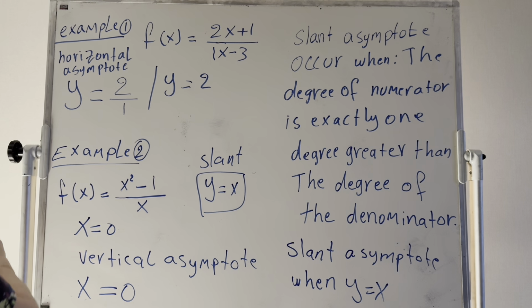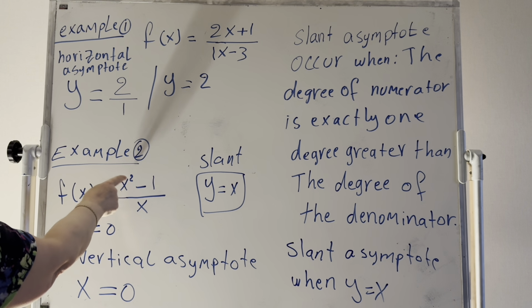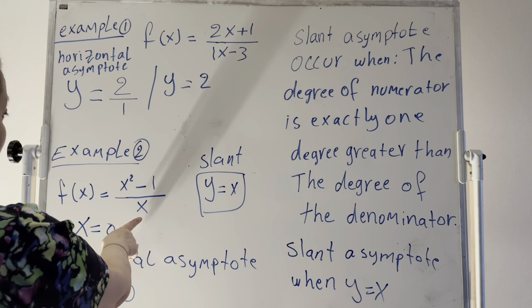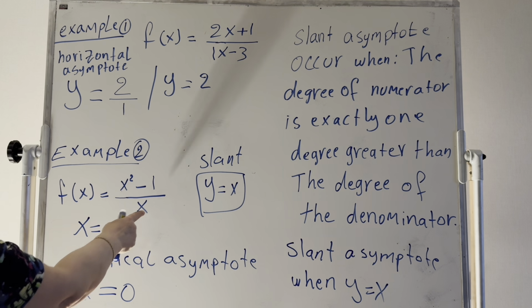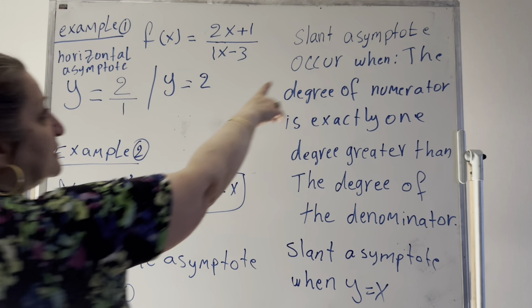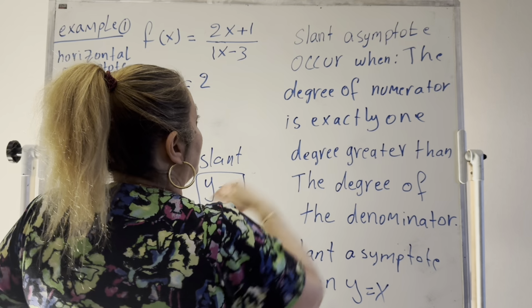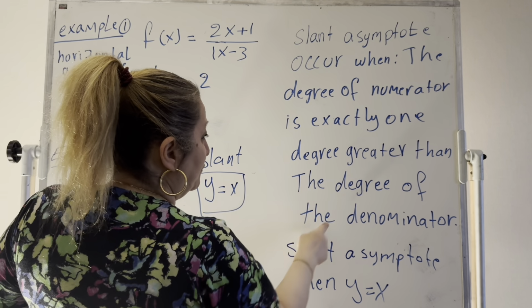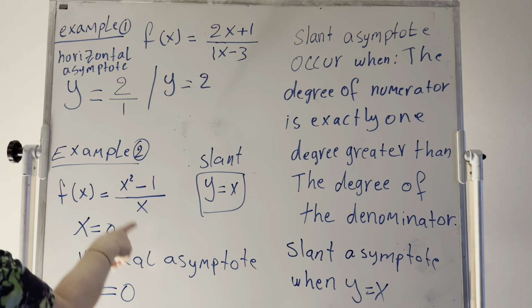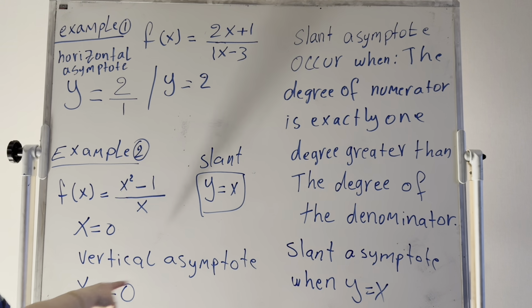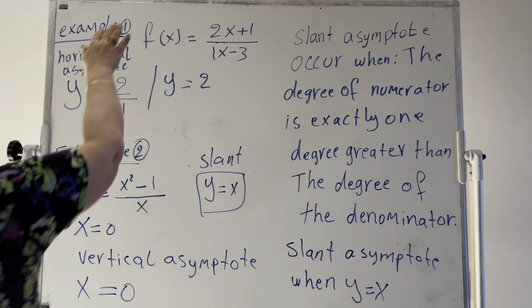When we look at the function, we see the x squared has a degree higher than the denominator by just one, because this x is power 1 and this x is power 2, and 2 minus 1 is 1. So a slant asymptote occurs when the degree of the numerator is exactly 1 degree greater than the degree of the denominator. So we have a slant asymptote when y equals x, and a vertical asymptote when x equals 0.